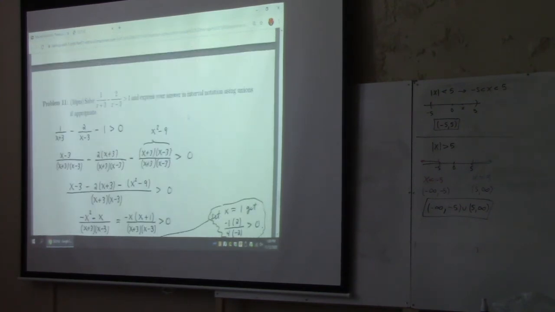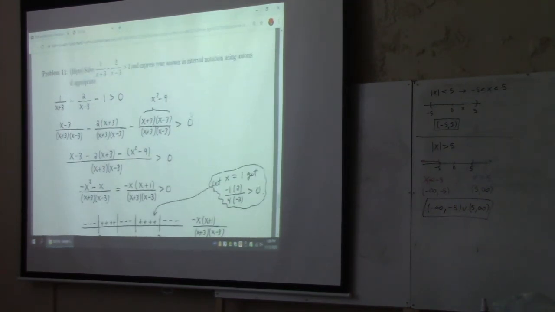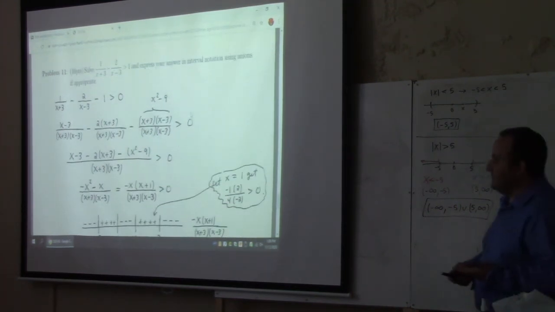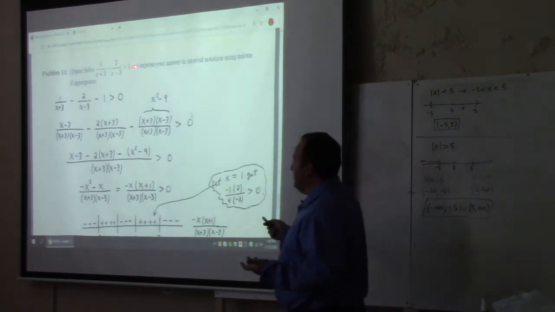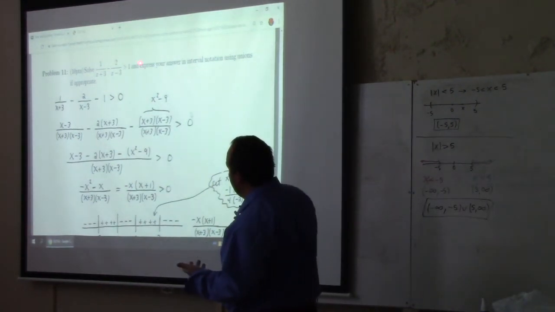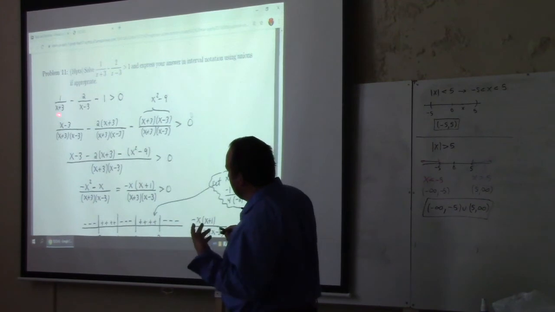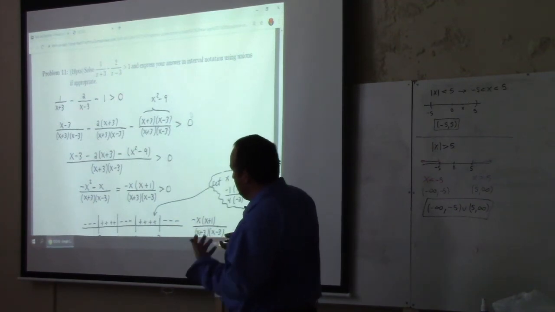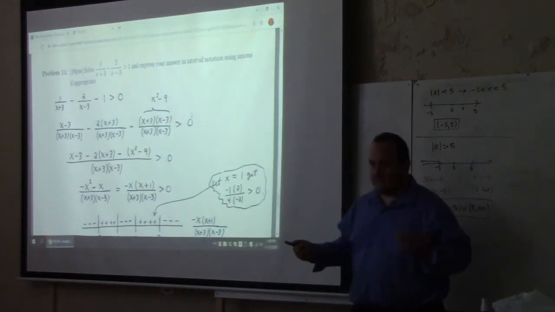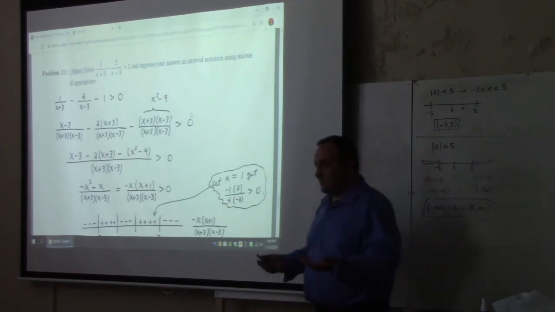This one here is not like the others, in the sense that this one is greater than 1. If it was greater than 0, it would be more like the previous problem. But greater than 1 means I need to convert it to a greater than 0 problem. So my first order of business is to make a common denominator.